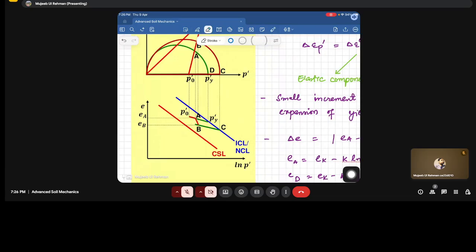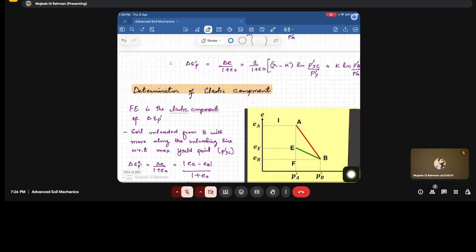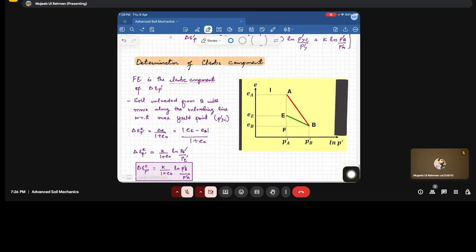So how to determine that? We have zoomed that. So this EF is the elastic component of the total strain. This is the total volumetric strain, and this part is the plastic part, and this is the elastic part.